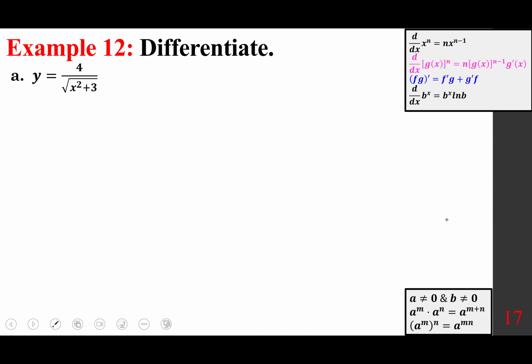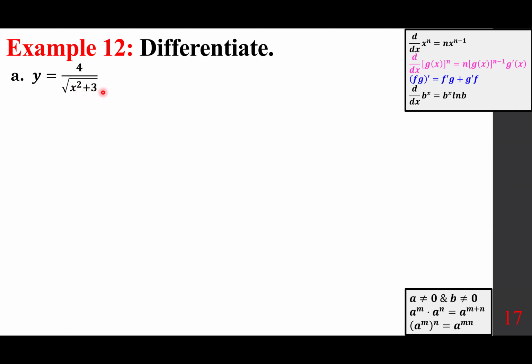All right. In this case, y equals 4 over the square root of x squared plus 3. Anytime you have a fractional format where the top is a number, you don't have to use the quotient rule. Rather, bring it up.